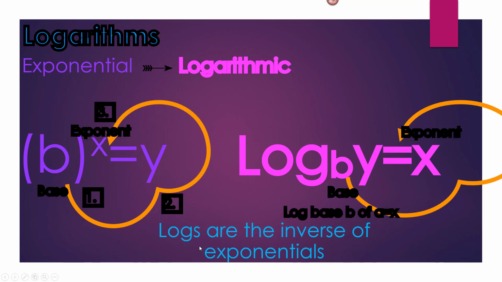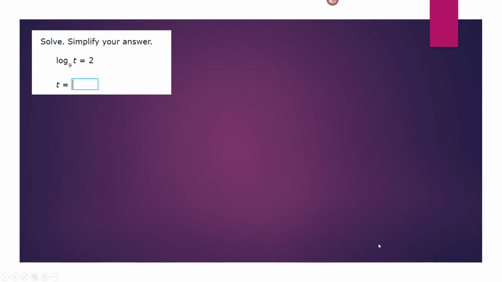And this is why we say that logs and exponential functions are inverses of each other, because they undo one another, okay? So again, what we're going to be using today is we're going to look at this base, raise it to this exponent, and it's going to be equal to this value.